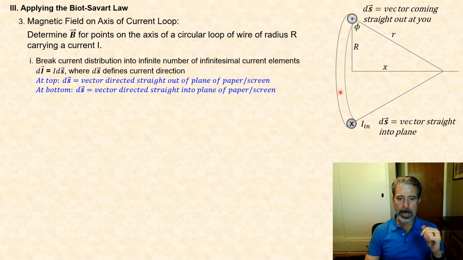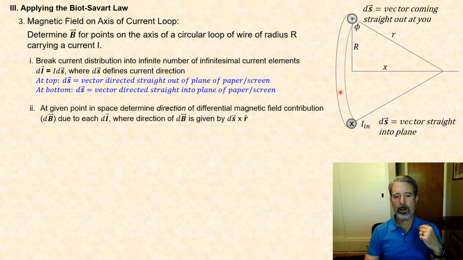So keeping that in mind, we're now going to determine the direction of the magnetic field at our field point, which is going to be somewhere along the axis of this circular loop, somewhere along the x-axis. And as always, to determine the direction of the field, we have to look at the cross product of these two vectors, ds and r hat.